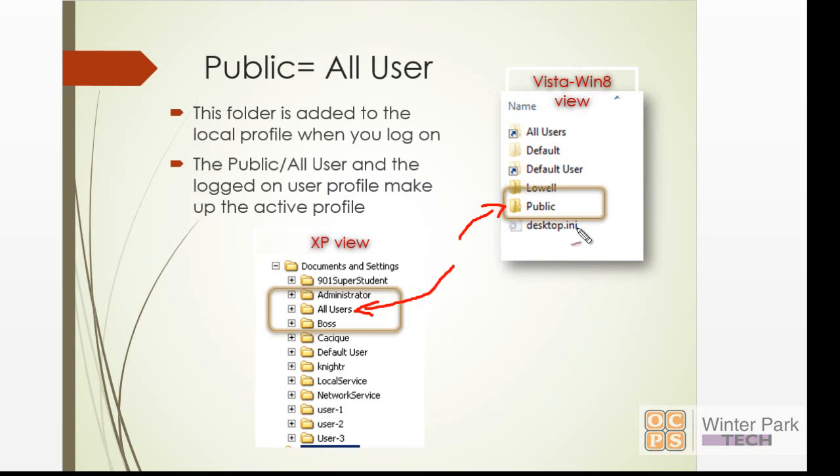Now in Vista and Windows 7, we're going to find that this is much more complex. It's not just one folder. In the XP world, it was all saved in one folder called All Users. In Vista and Windows 7, it's now in two.